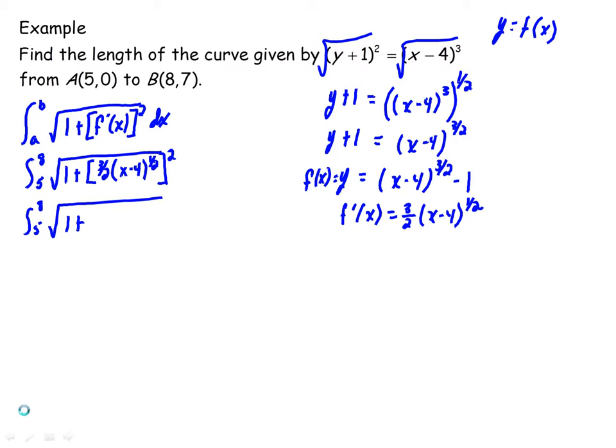We can square 3/2, right? Because we have a product inside, basically. So we can square 3/2 also, so we'll have 9/4. And then, of course, x minus 4 to the 1/2 squared, anytime you square a square root, it goes away. So you're going to have x minus 4, right? So that looks better already, I think.